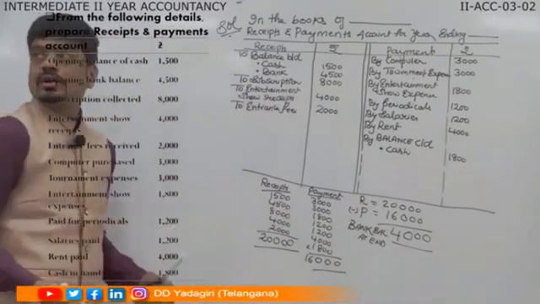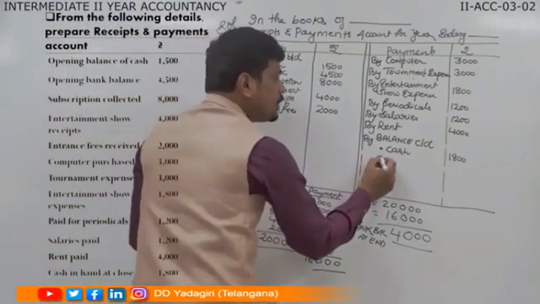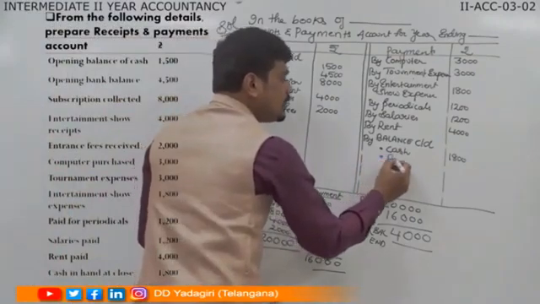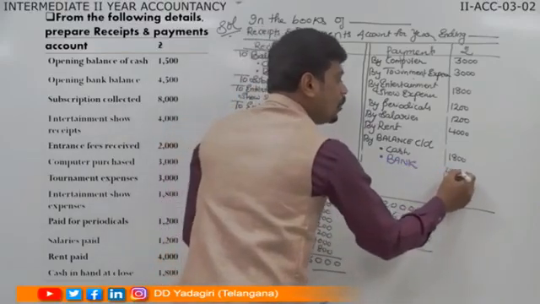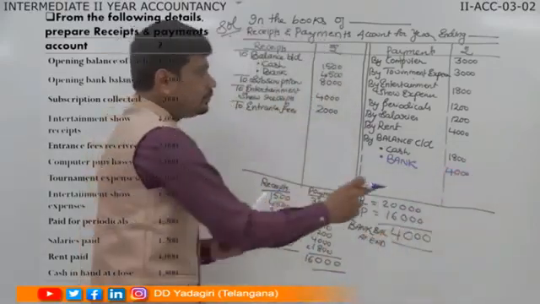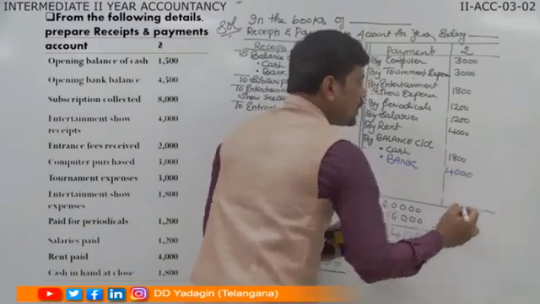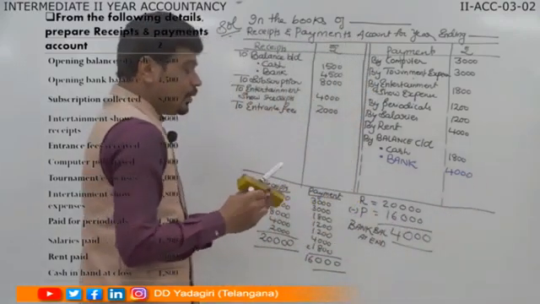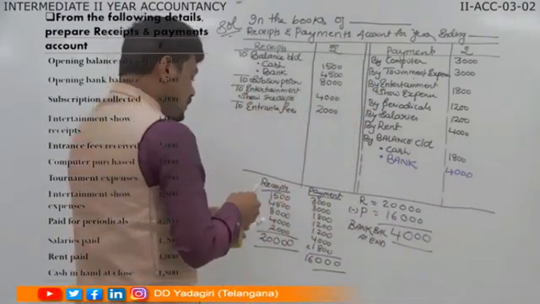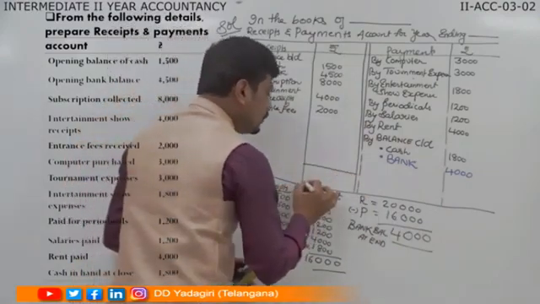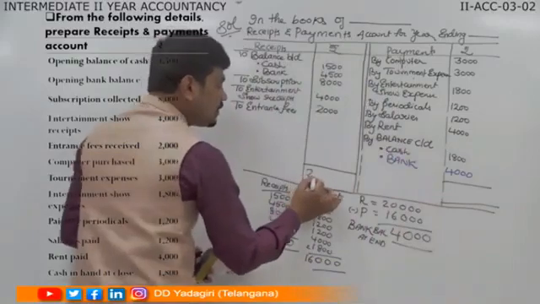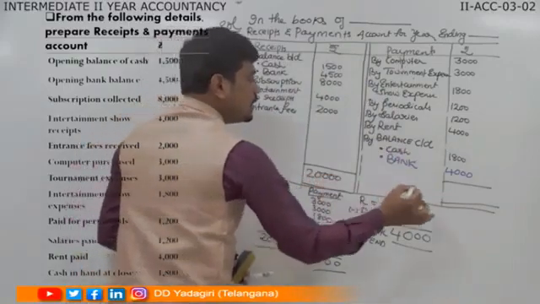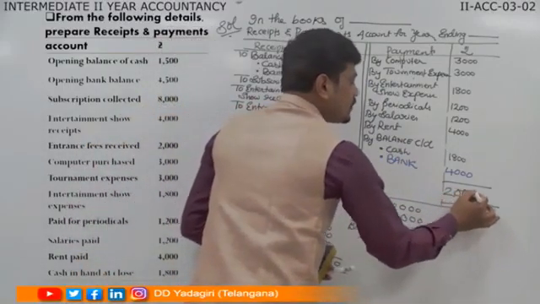That is on the credit side, after the cash, we'll write in another color for understanding, bank 4,000. And now we are going to close the receipts and payments account. If we close the total line, we'll close with 20,000 on both sides.